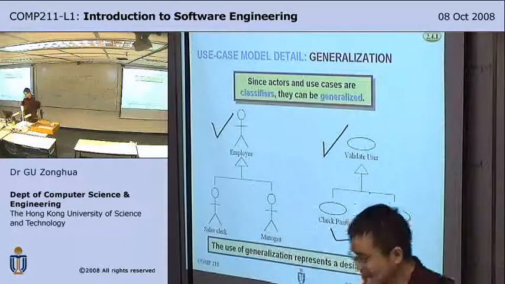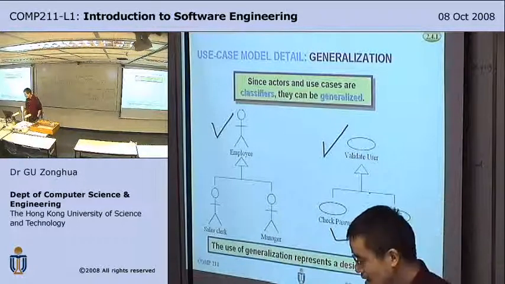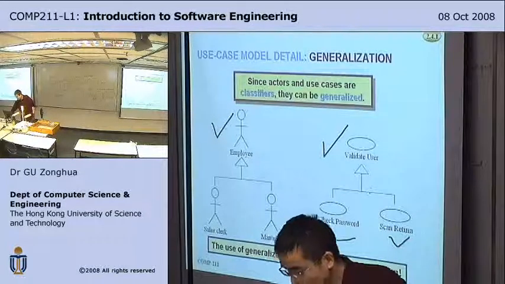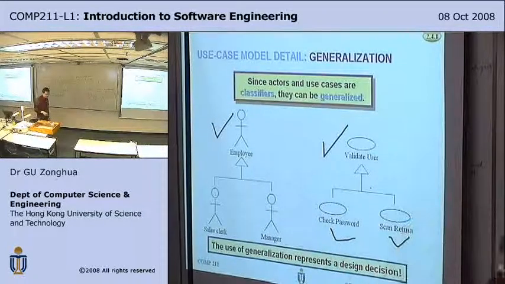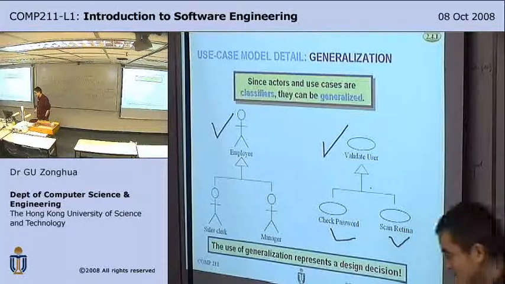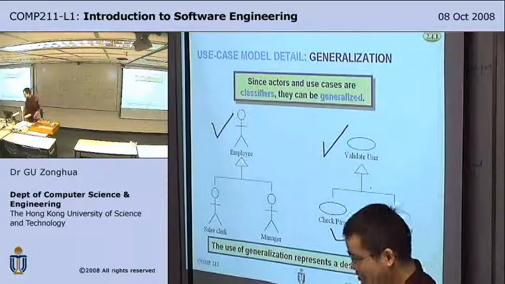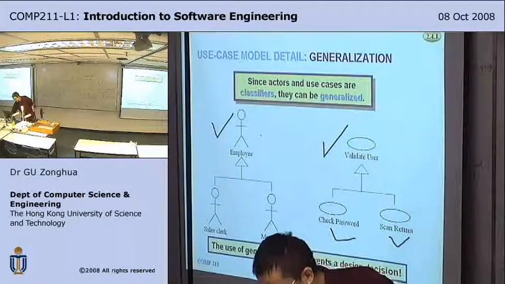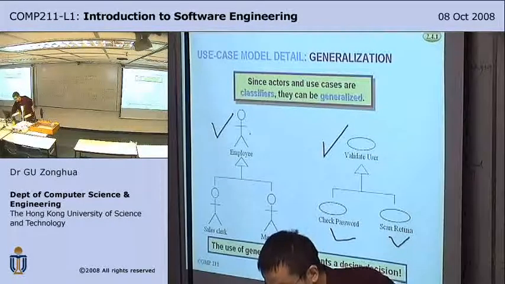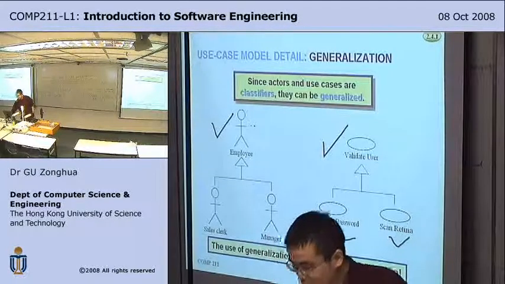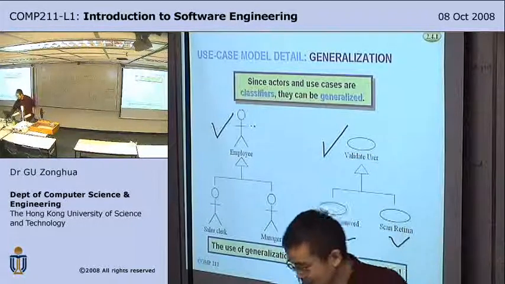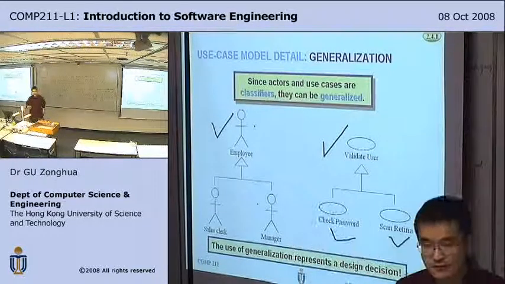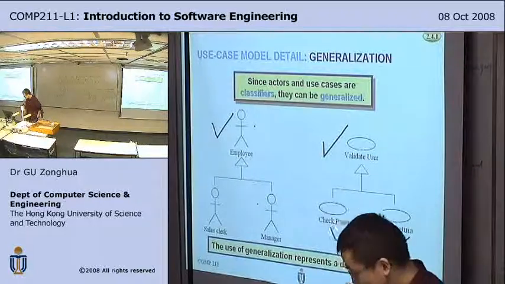So the use of generalization represents a design decision. That is, you can always not use generalization, but having it can help you reduce the clutter in your diagram. So, for example, any use case that the employee can perform can also be performed by their subclasses, sales clerk and manager, so that you can draw fewer lines in your diagram.